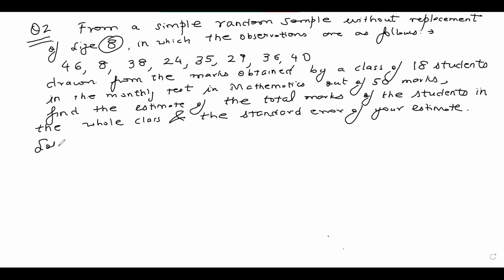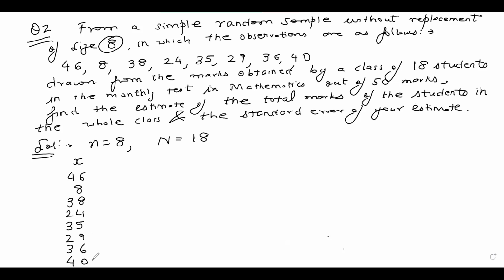Okay, so let's quickly solve this particular problem. We are given the sample size is small n. We are given that the population size capital N is 18. We are given the observations. So X takes the values 46, 8, 38, 24, 35, 29, 36, and 40.